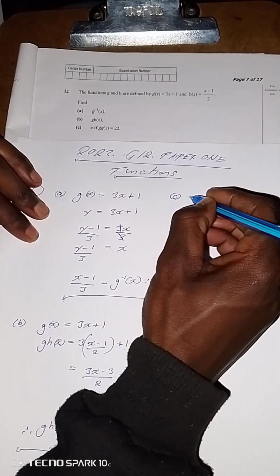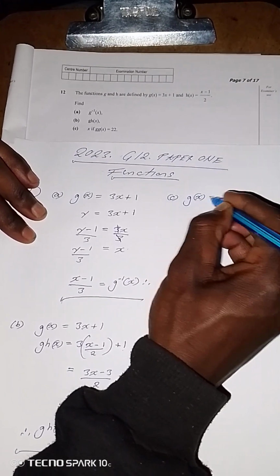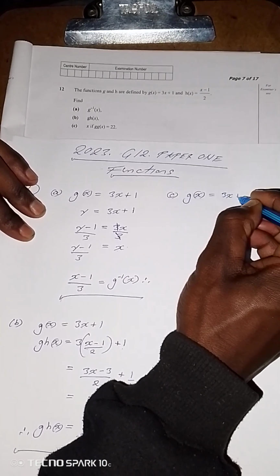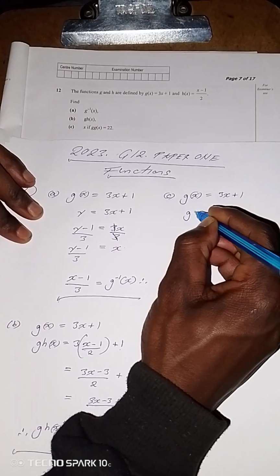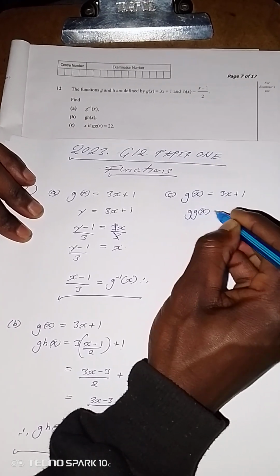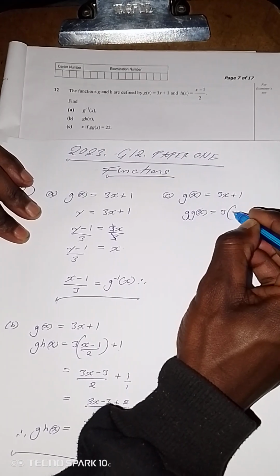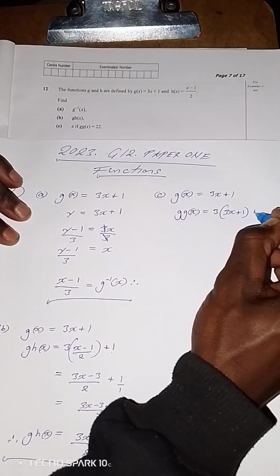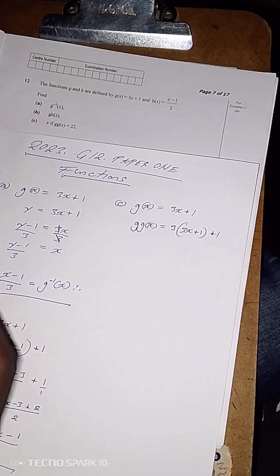C. g of x equals 3x plus 1, and then let's put in g again. gg of x equals 3, you open brackets there, you put 3x plus 1 close plus 1. This is what they mean, gg.